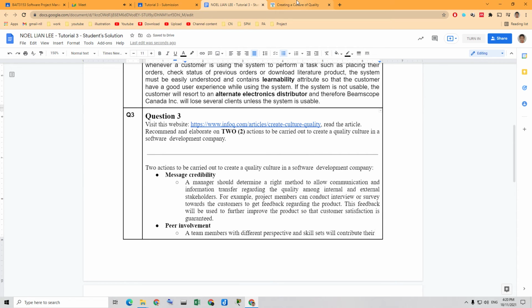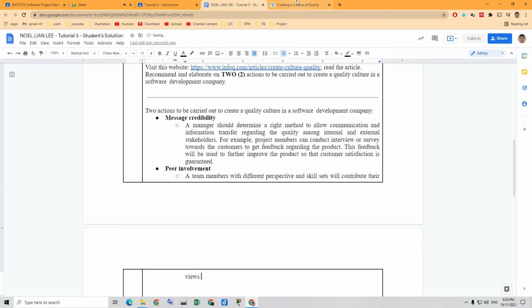Yeah, Lim, you have to describe. Choose 2 actions and then describe. Yeah, I know this is a reference in the question. Please describe with your own words.